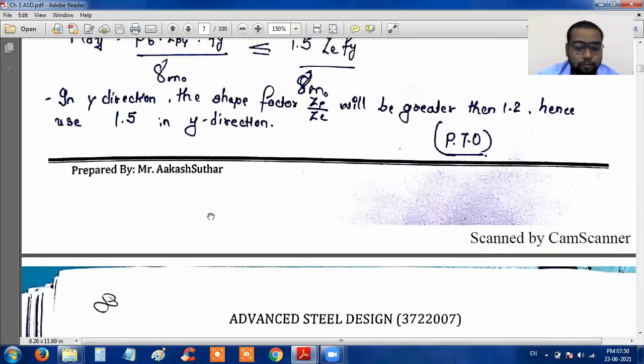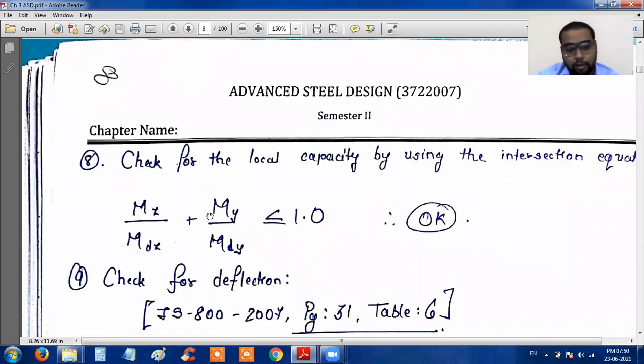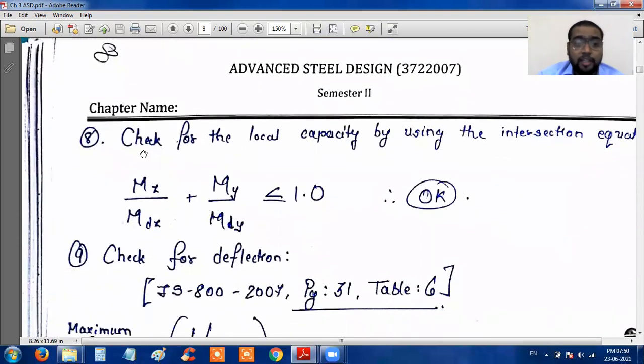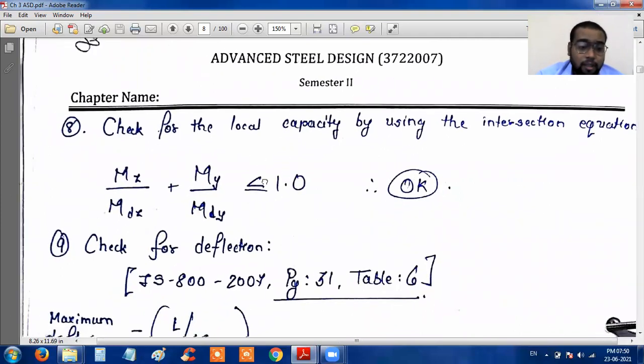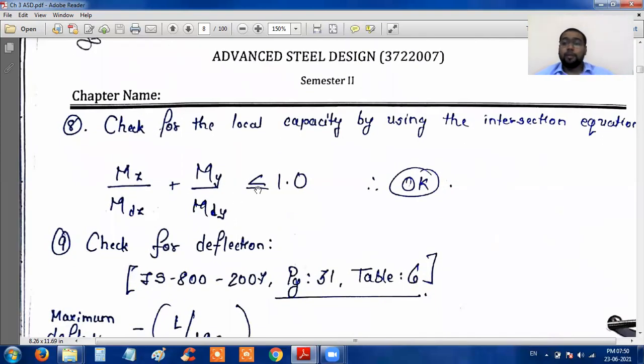Then check for the local capacity by using the interaction equation. Okay, this equation is also given in the IS code: Mz upon Mdz plus My upon Mdy should be less than or equal to 1, then our section is safe.